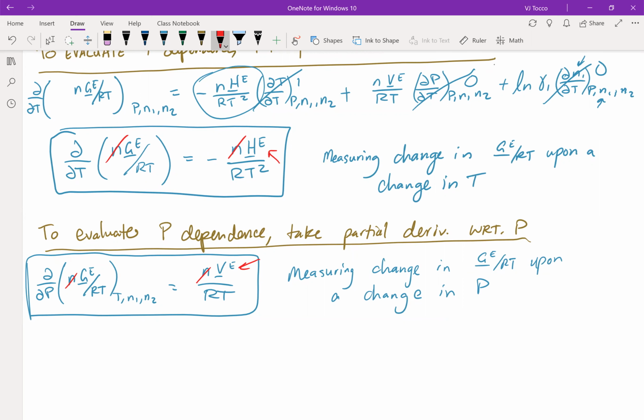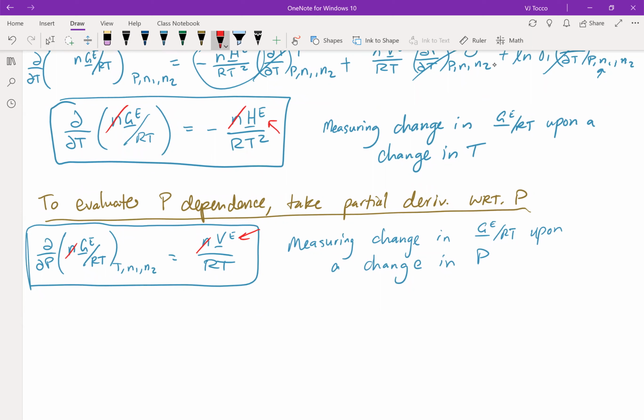Usually, if you plug these numbers in and look at the order of magnitude, the effect of T is much greater than the effect of P. So usually if you want to model at a different condition, you typically don't have to take into account pressure changes, but you might want to take into account temperature changes. So you may want to see what the change in temperature is by using that equation.